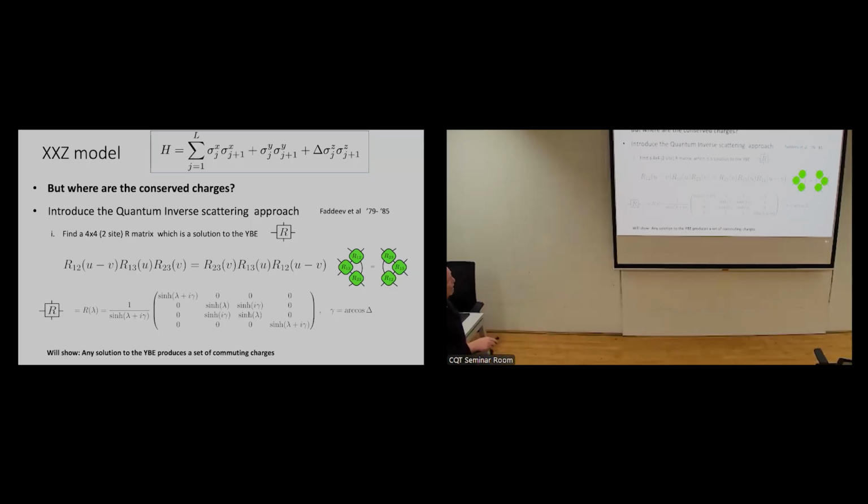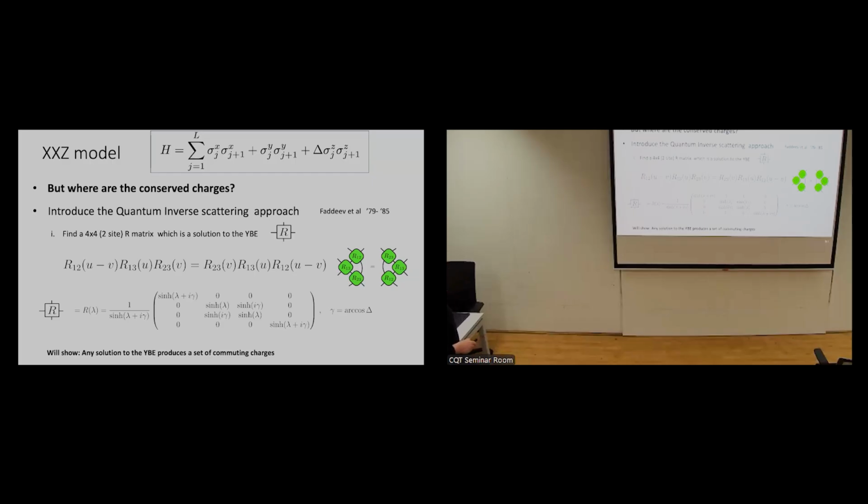Notice these are 4x4 matrices. So this relationship is very non-trivial. Here it's described diagrammatically. So if I find a solution of this form, I'll explain now how one uses it to solve the model and how one generates the conservation laws.